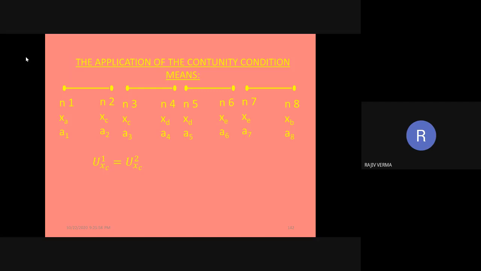Similarly, the common point between element number 2 and element number 3 is at point xd. So at xd, the value of the unknown parameter is going to be the same.